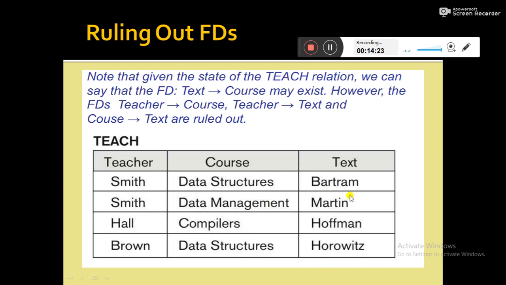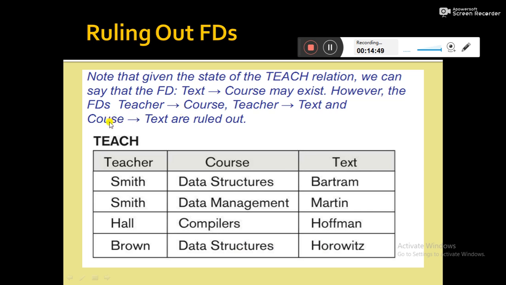We have to check whether for Martin there is a single value of course. Yes, for Martin the unique value is data management. Similarly, for Hoffman there is a single course value, compiler. For Horwich, there is the data structure course. So this functional dependency, text arrow course, holds. Now we check whether the reverse is true or not, meaning this one.